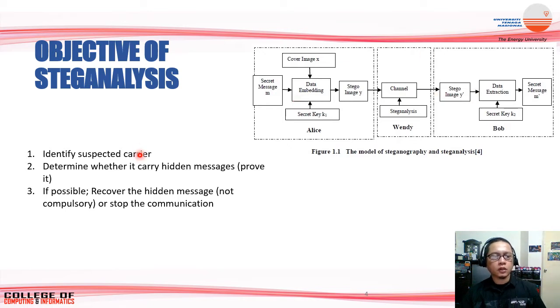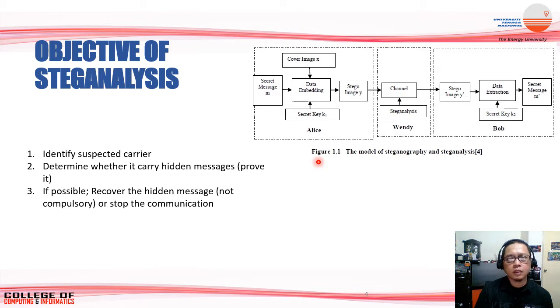So the objective of steganalysis is, first of all, to identify the suspected carrier being used by Alice and Bob. Here, the role of Wendy is to first determine what type of media is being used by Alice and Bob to communicate secretly.